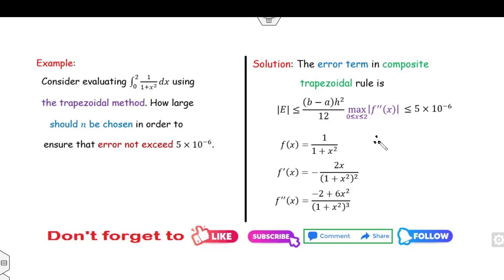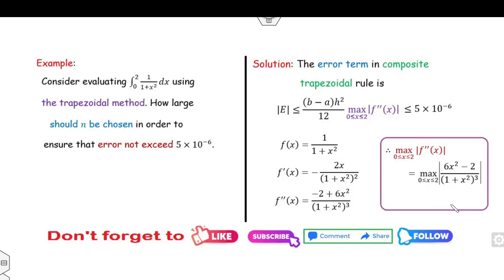So therefore you can find the value of the maximum over the domain 0 to 2 of f double dash of x, because it's a modulus value. So I can write this part is 6 x square minus 2 divided by this value.